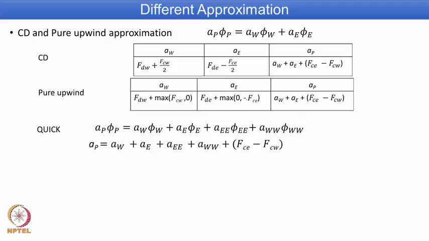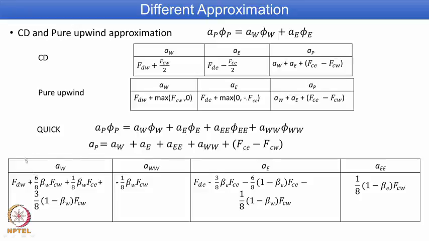Now, let us look at the coefficients in detail: AW, AWW, AE and AEE. Again this formula has a generic condition incorporated by including a coefficient beta. For beta equal to 1, FCW greater than 0, that means the flow is from left to right, then it will take the coefficient value accordingly.